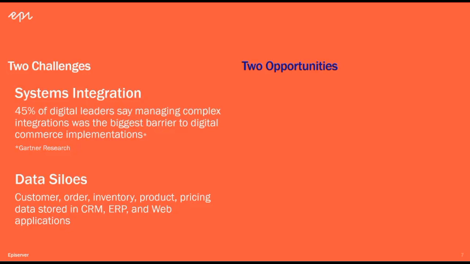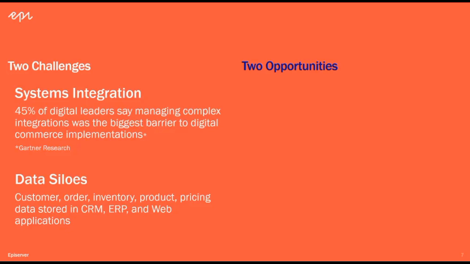So let me just touch on the two challenges that I most often see organizations who are running AX or NAV or 365 for sales encounter when they implement a new digital experience platform. No surprise, it's systems integration. People who are investing in digital experience say that integrating to their back office systems is the nightmare.